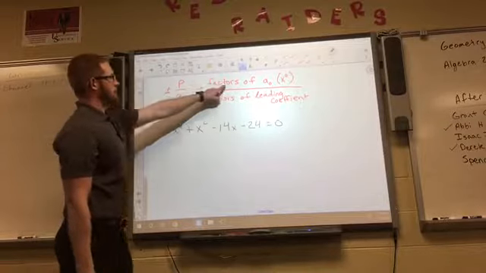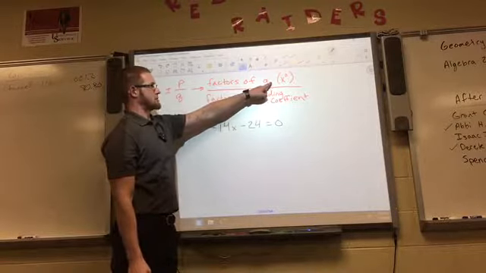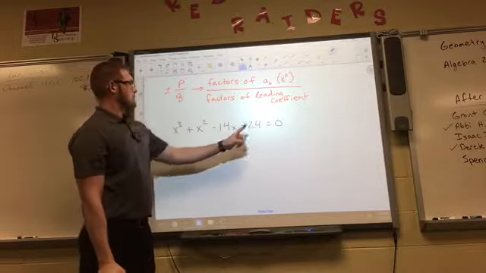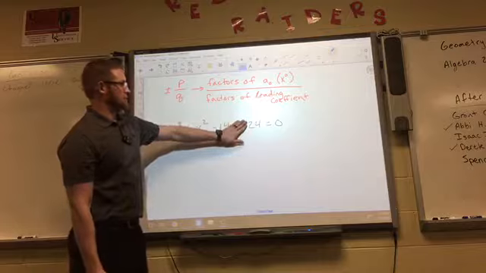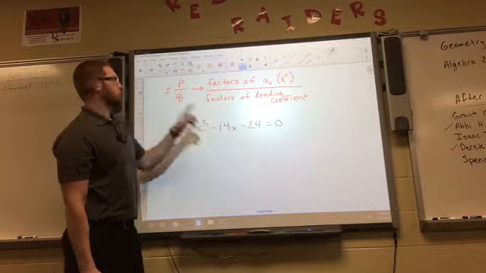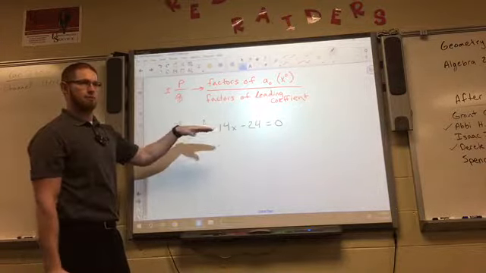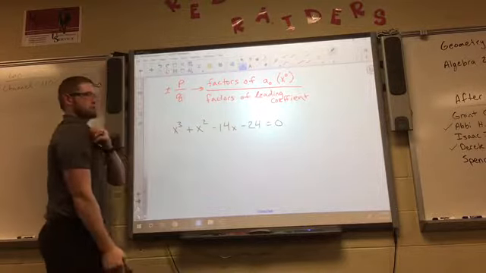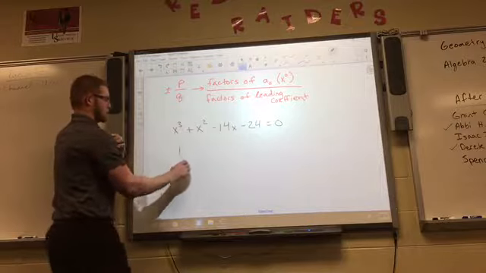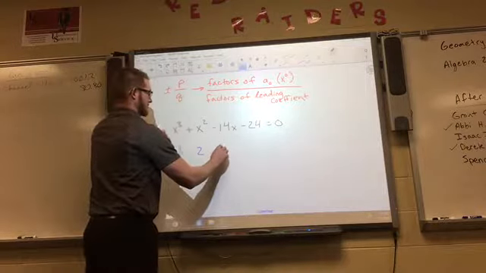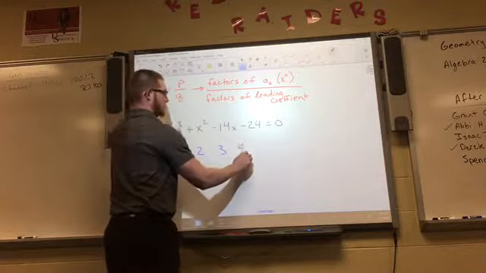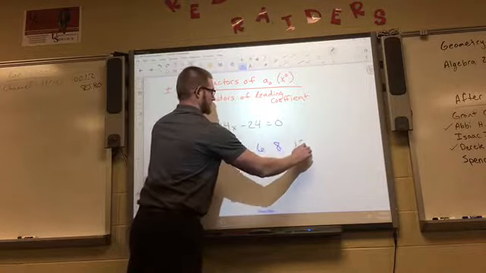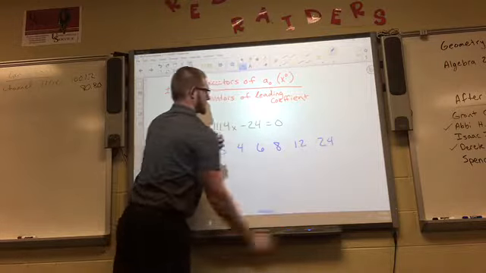Now on top is going to be all the factors of a sub 0, or x to the 0 power, which in this case you can just think of as positive 24, because the plus or minus will take care of the negative sign. What are the factors of 24 starting at 1? 1, 2, 3, 4, 6, 8, 12, and 24.